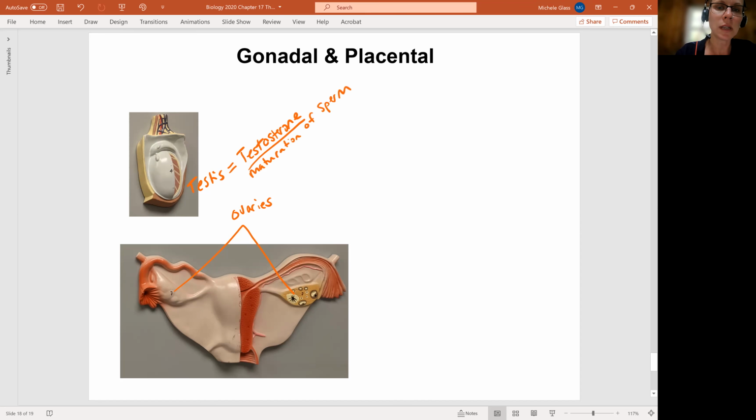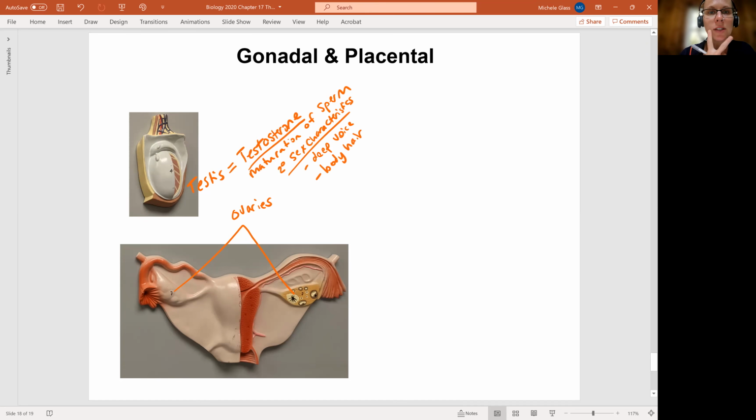But then we also see what we can call secondary sex characteristics. And we see that with testosterone, we see characteristics such as thicker cartilage in our larynx, producing a deeper voice. We see more body hair.